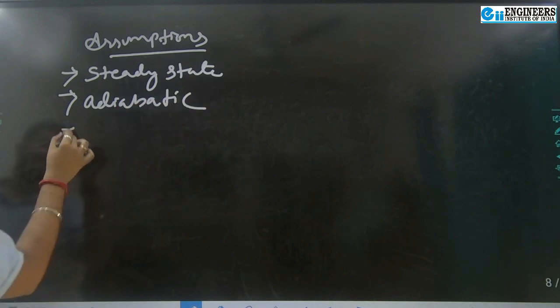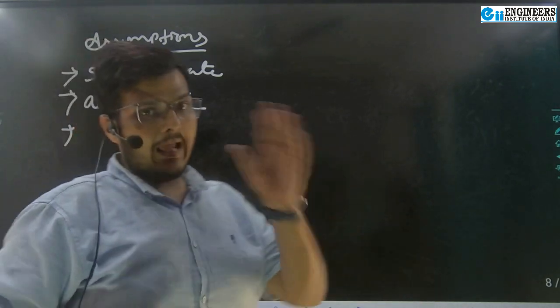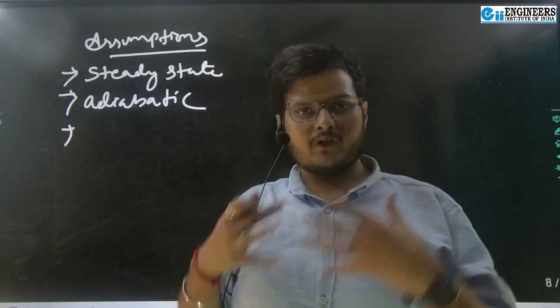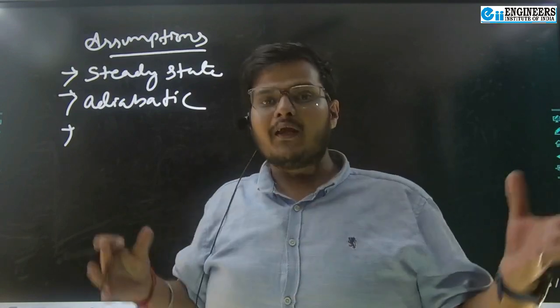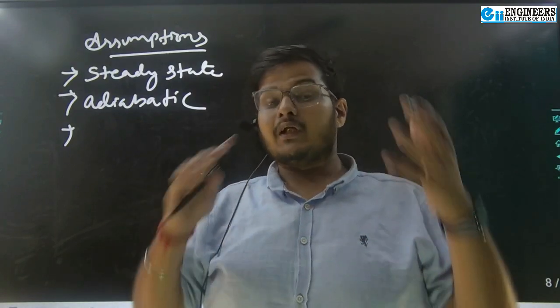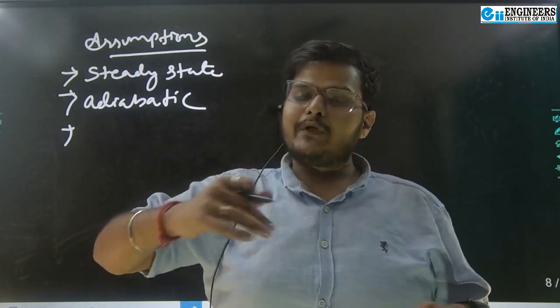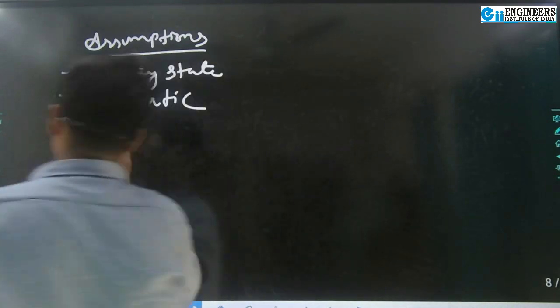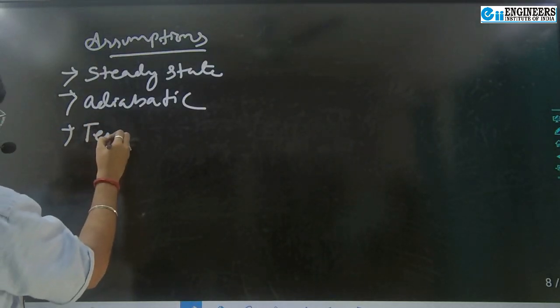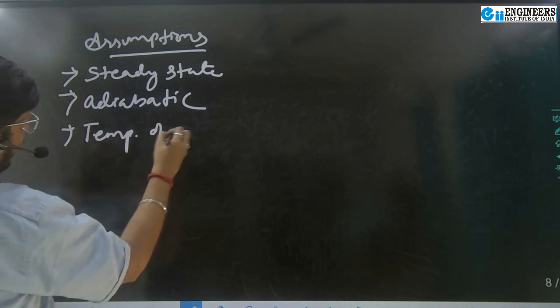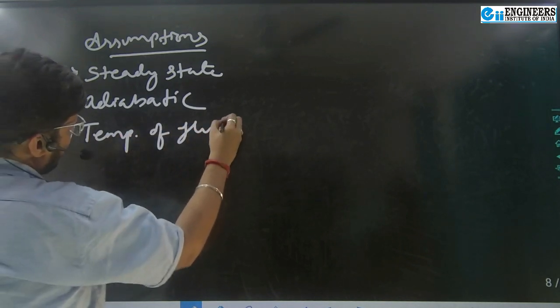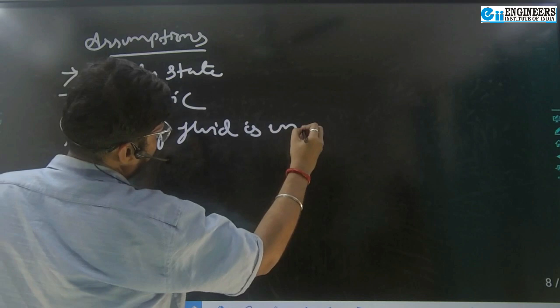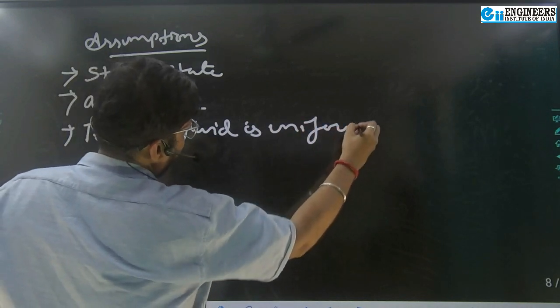The fluid is flowing through a channel carrying a particular temperature, and we will assume that the temperature of the fluid is uniform throughout its composition. So the temperature of the fluid is uniform.